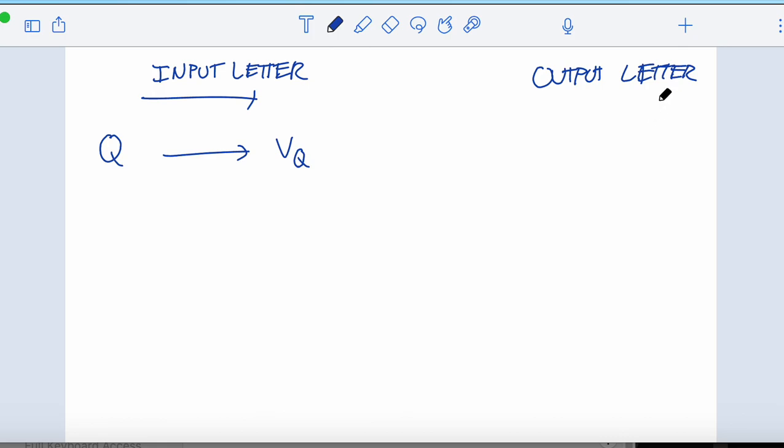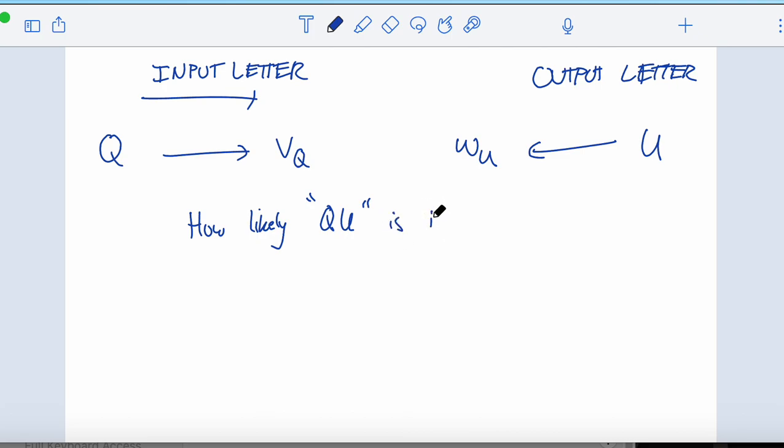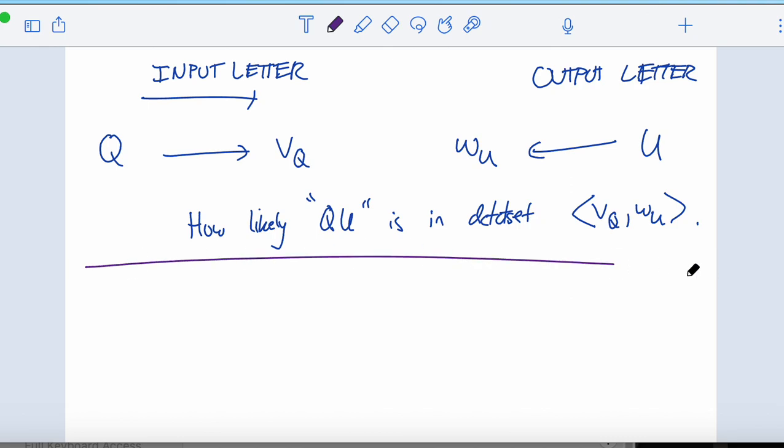The letter U becomes the vector WU, and how likely QU is in the data set was the inner product of VQ with WU. This was the logit, and then you had to do the softmax and all that. But you can do the exact same thing for any system where you have lots of pairs of things, like the movie system.